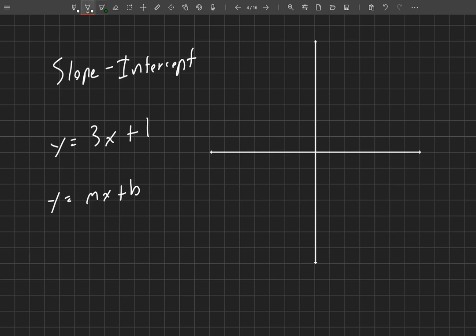In this form, the number by itself out to the right was your y-intercept, which means that's where the number goes on the y-axis, and that gives you your starting point. And then the number in front of x, the coefficient, gives you the slope, which is how you're going to get to the next point from any given point. So in this case, it would be 3 over 1, so I go up 3 and over 1. And that's what we did to graph our lines.